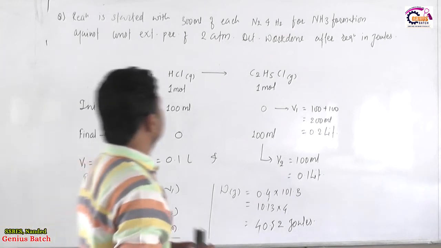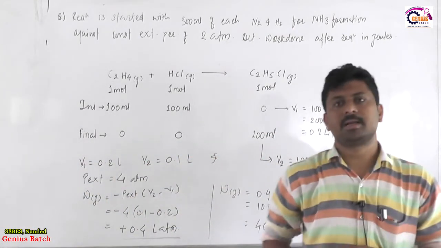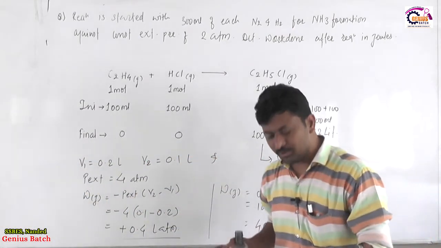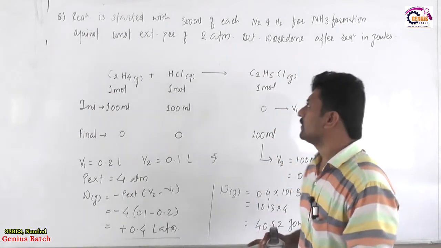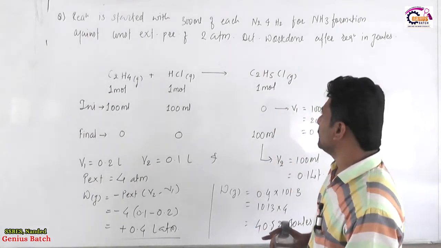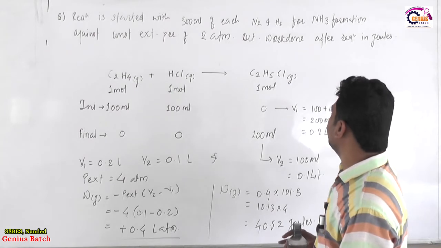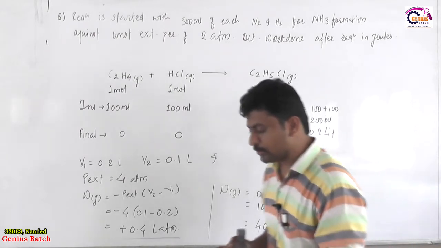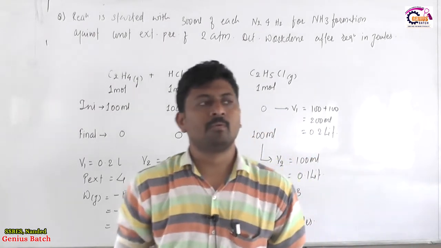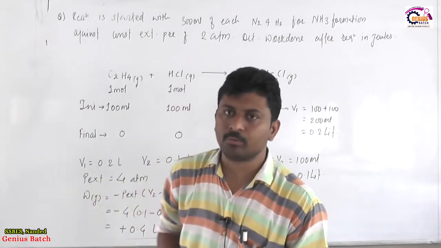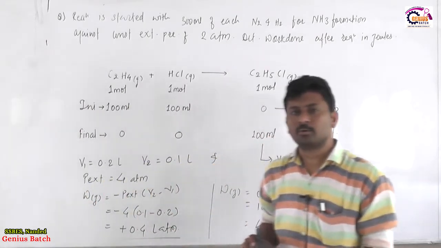The question is, a reaction is started with 300 ml volume of each of nitrogen and hydrogen against a constant external pressure of 2 atmosphere. Determine the work done. It is mentioned in the question that the reaction is for the formation of ammonia from N2 and H2, and we are about to find out the work done in it.